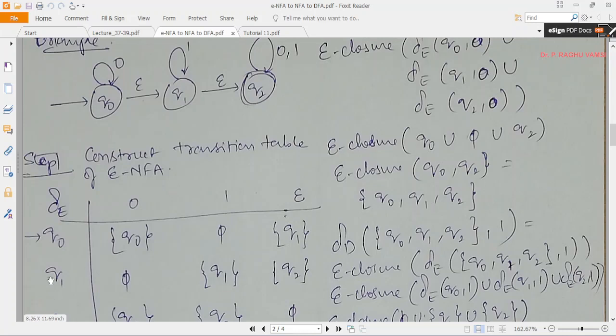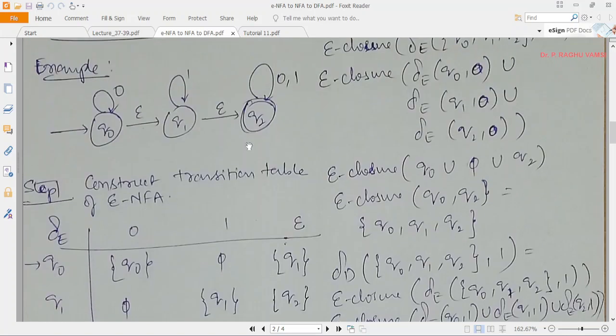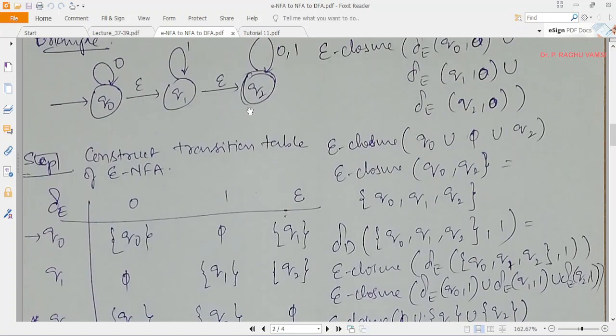Next, Q1 on 0: since there is no possible input 0 from Q1 in the diagram, it results in the null state. Q1 on 1 goes into Q1. Q1 on epsilon moves into Q2. Now Q2 on 0 results in Q2 itself, and Q2 on 1 results in Q2 itself.